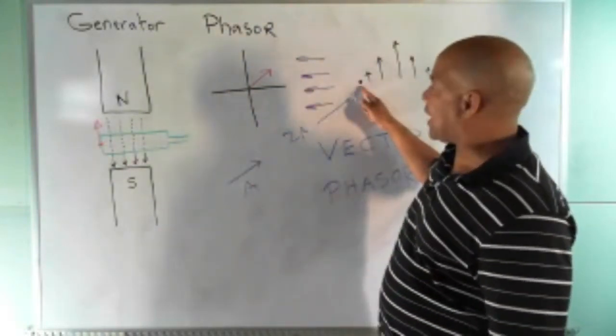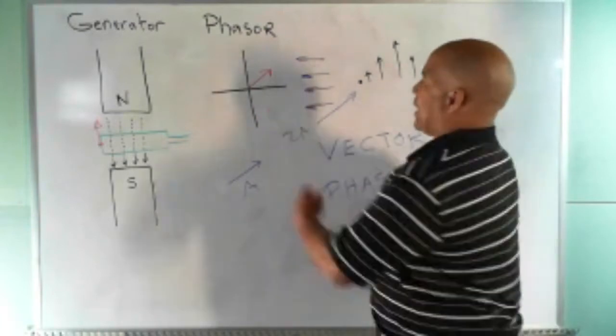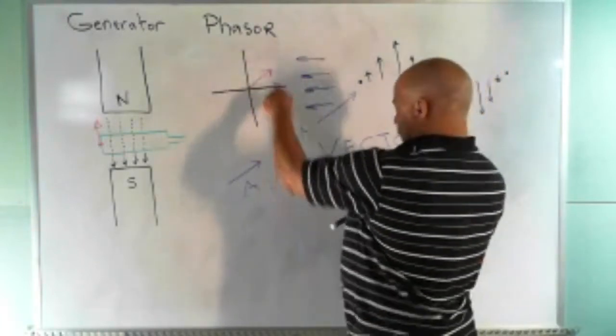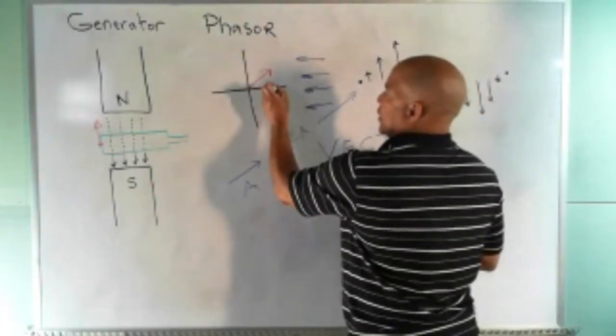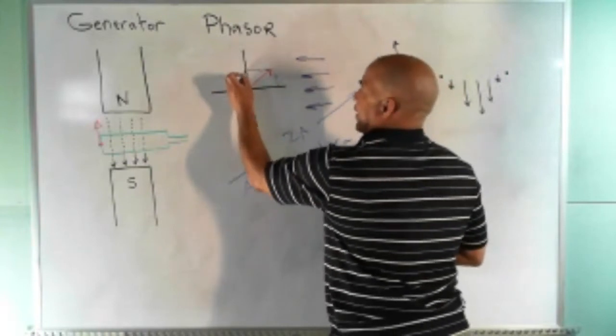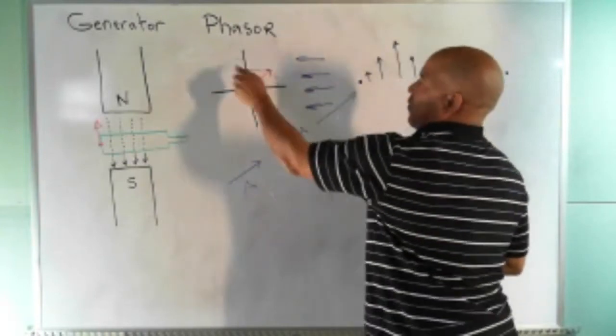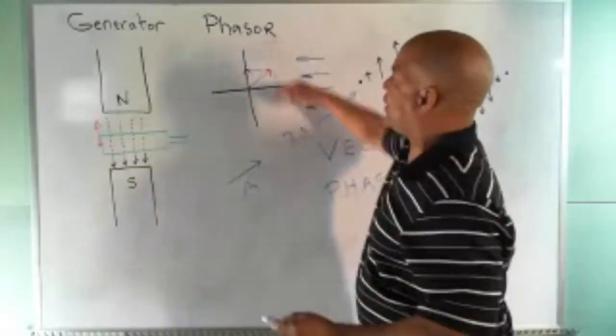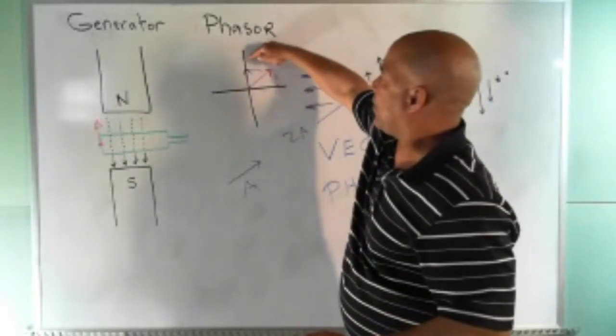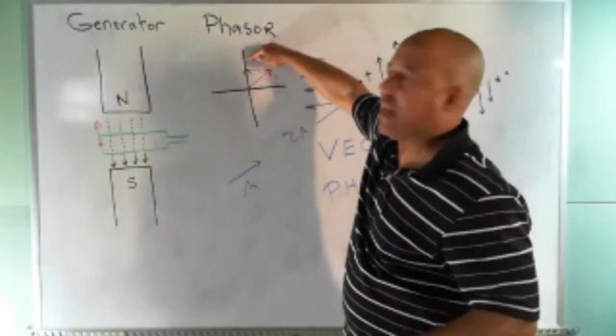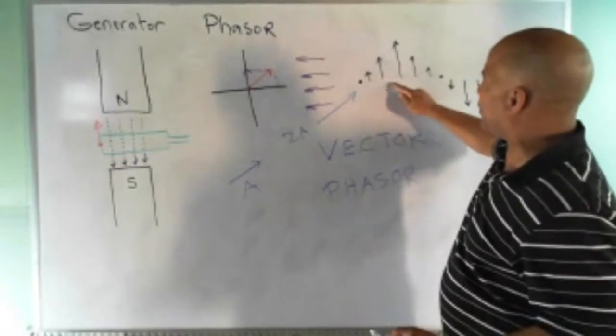The shadow would look like a dot. But as this starts to move up, to the position where it is now, then the shadow is now like this. And at 90 degrees, the shadow and the actual phasor are the same length. So from 0 to 90, what you get is this.